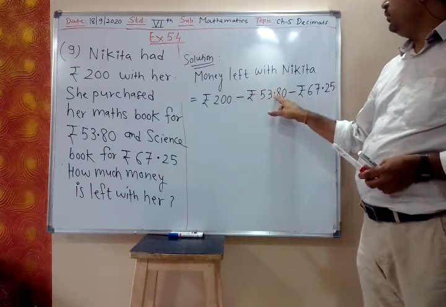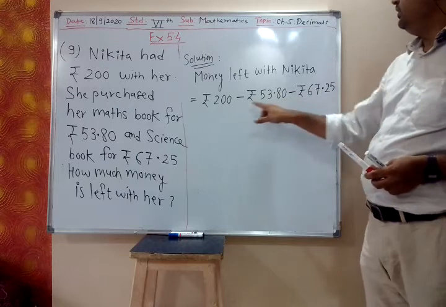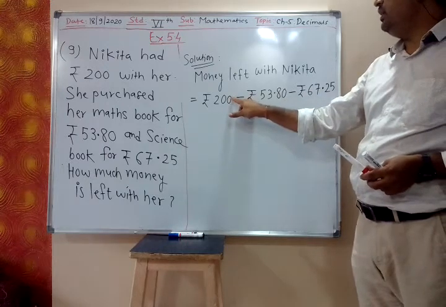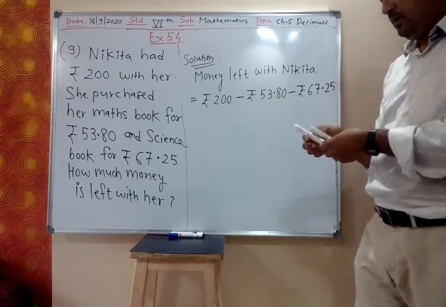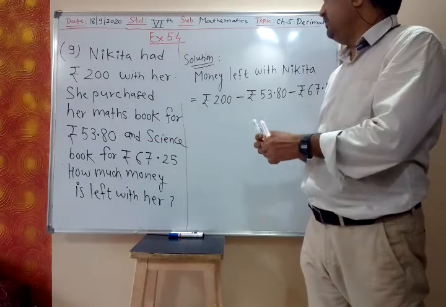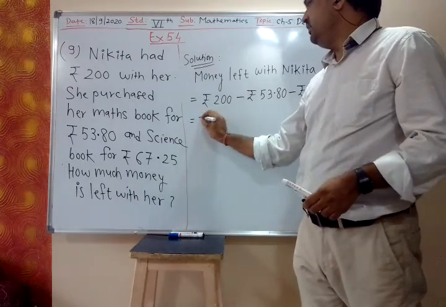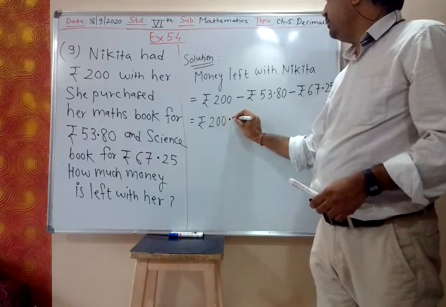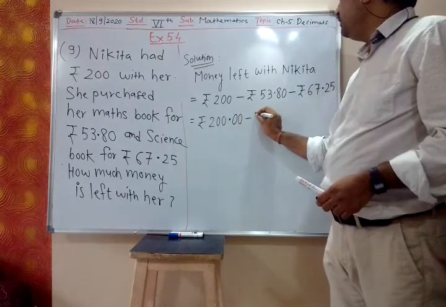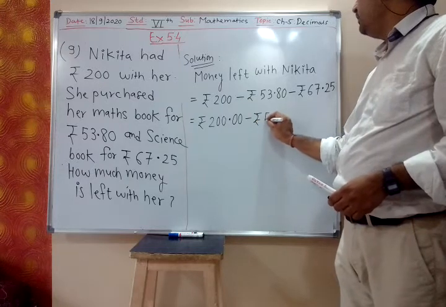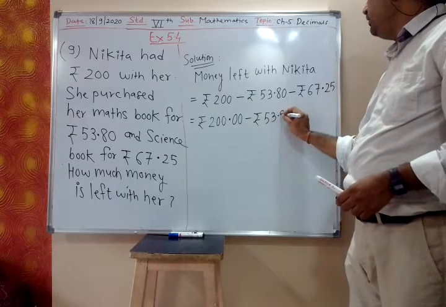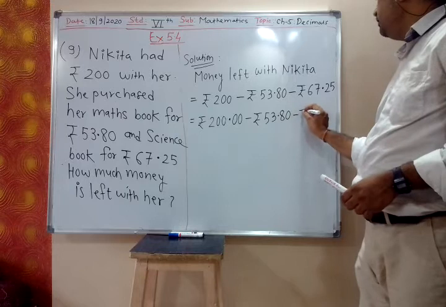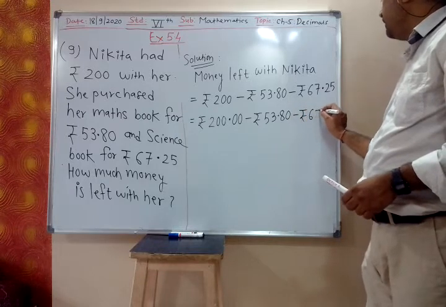After the point there are 2 digits. There is no point in 200, so we write a point and then write down 00. We convert this into like decimals first. So that will be rupees 200.00 minus rupees 53.80 minus rupees 67.25.